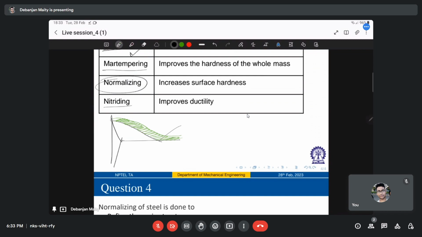So the cooling rate is very slow and controlled, correct? And this happens in a furnace, so you are doing some furnace cooling here.